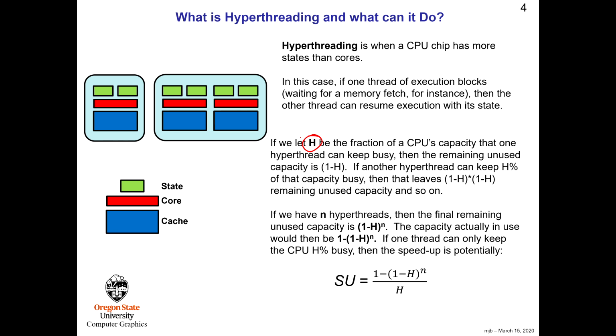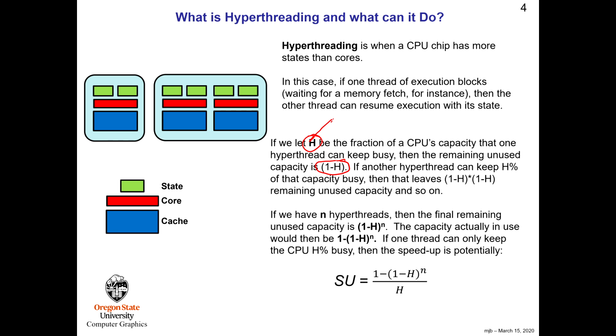If H is just the fraction of a core's capacity that one thread can keep busy, then there's 1 minus H that's not being used. Now let's say we add another hyperthread running the same program.